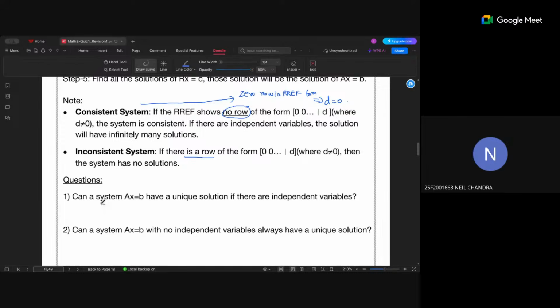Excuse me, ma'am, for the consistent part, at least one independent variable will contribute to infinite solutions. But if there are no independent variables, then what? No solution or unique solution? Unique solution, for the consistent system. See, when you don't have any independent variables, then you have full rank.